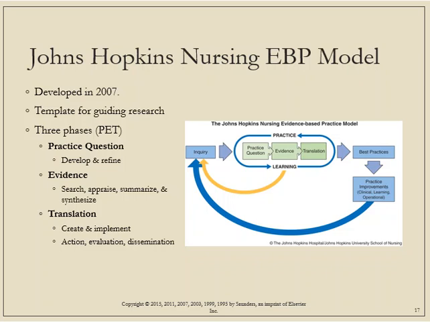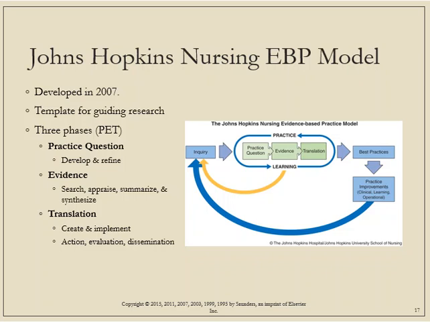So the Johns Hopkins Nursing Evidence-Based Practice Model was developed in 2007, and it was a template for guiding research. Johns Hopkins has some excellent evidence-based practice information. They are similar to the Fold Institute in that they've created a lot of work and done a lot of research in evidence-based practice.